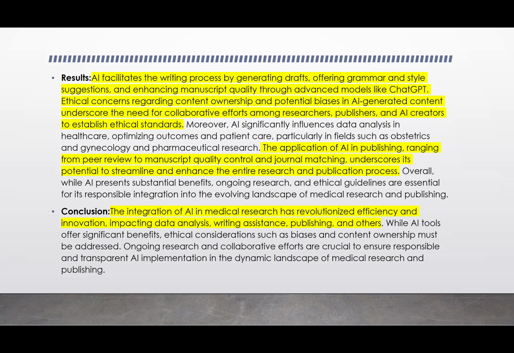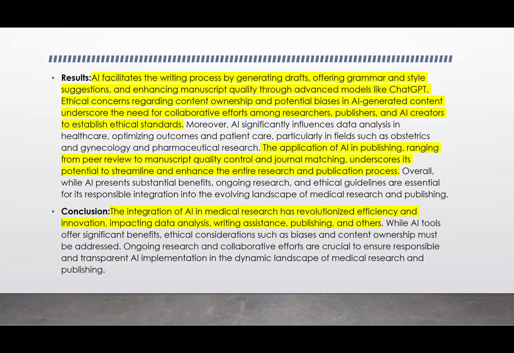Moreover, AI significantly influenced data analysis in healthcare, optimizing outcomes and patient care, particularly in fields such as obstetrics and gynecology and pharmaceutical research. The application of AI in publishing, ranging from peer review of manuscripts to quality control and journal matching, underscores its potential to streamline and enhance the entire research and publication process.